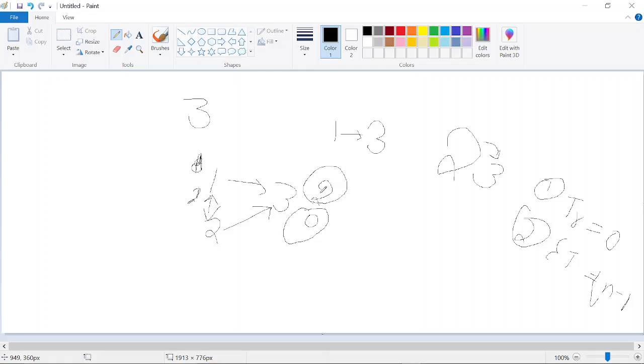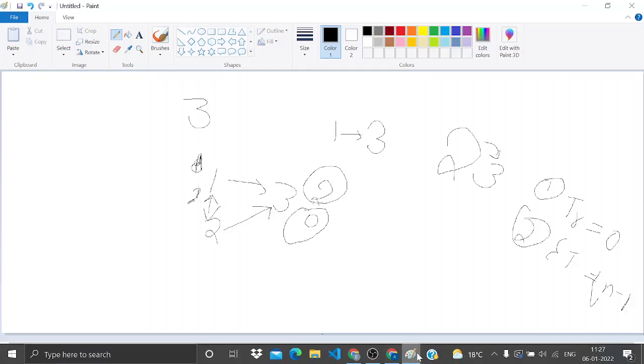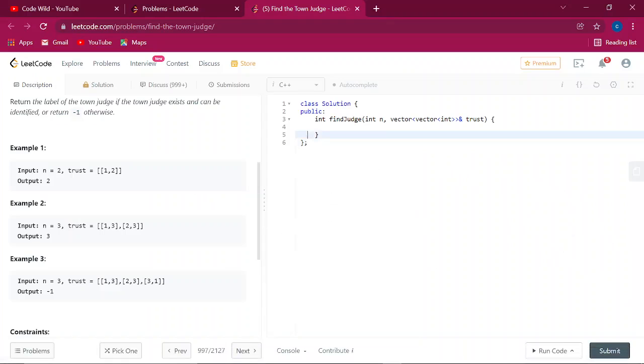So basically, now we have got the concept, can we code it? Now let's do it. We can take a vector, or you can even take an array. I'm taking a vector in this case. You have to take two vectors that store the in degree and out degree.